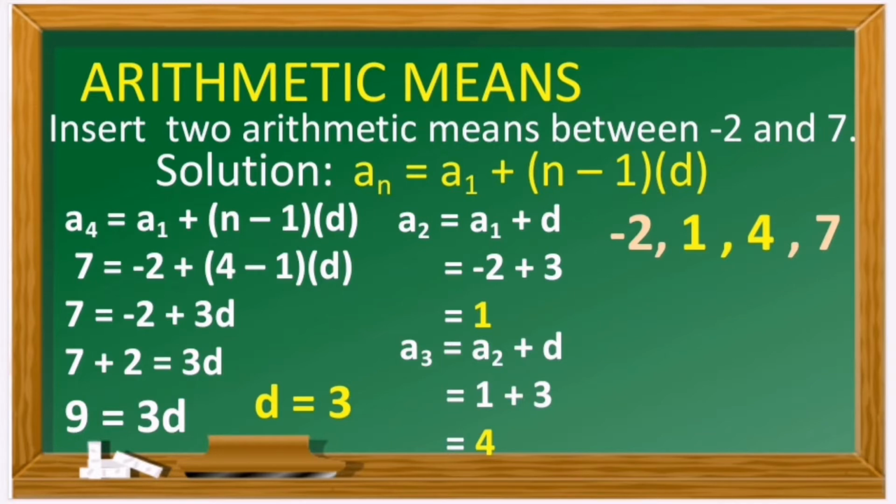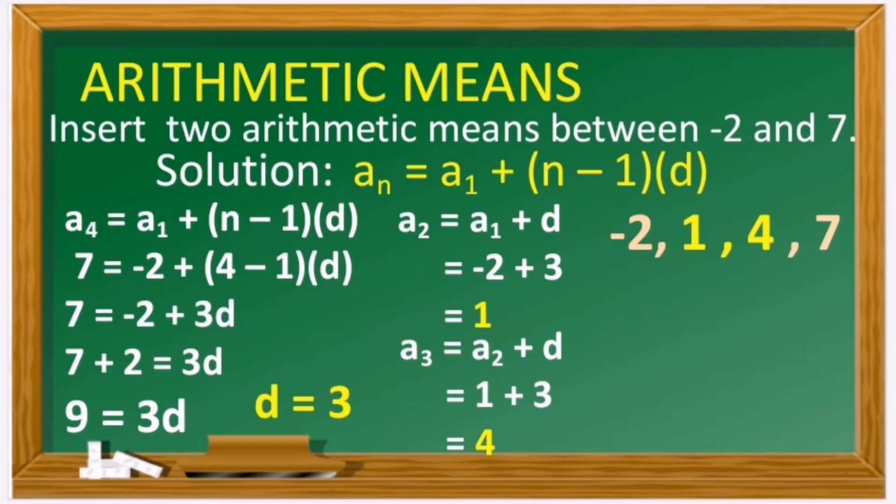Dividing both sides by 3 gives the equation 9 over 3 equals 3d over 3. Canceling 3 on this side of the equation leaves behind your d, and 9 over 3 gives you 3. What are we going to do with this d equal to 3 then?